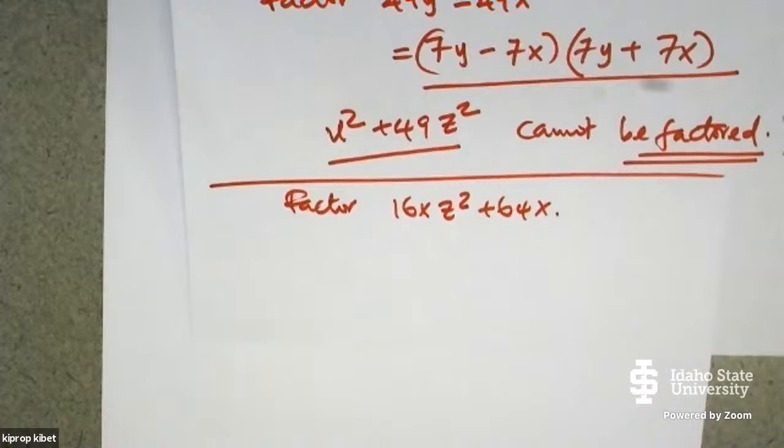So what do you need to do? You only factor out the greatest common factor.